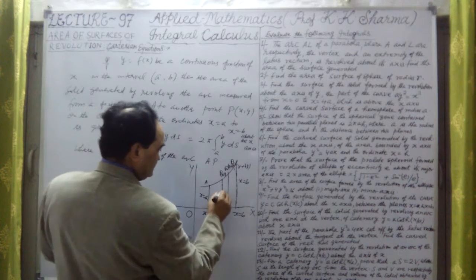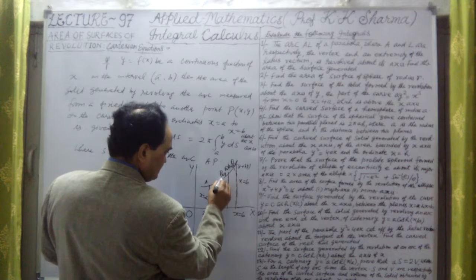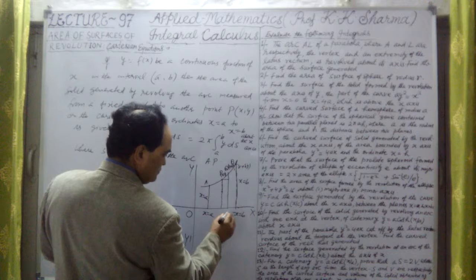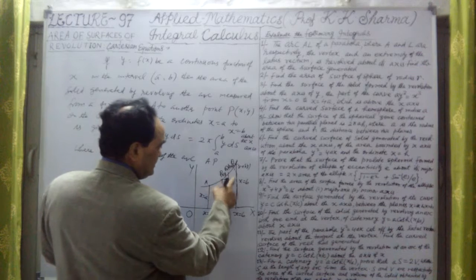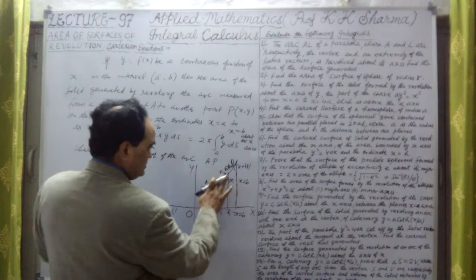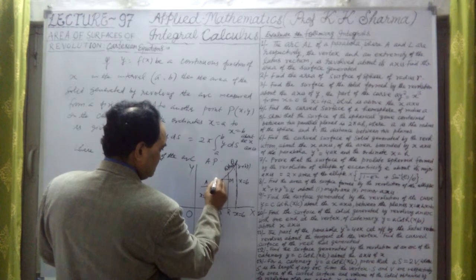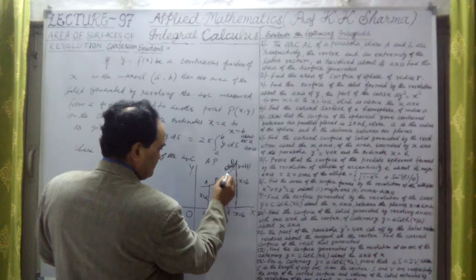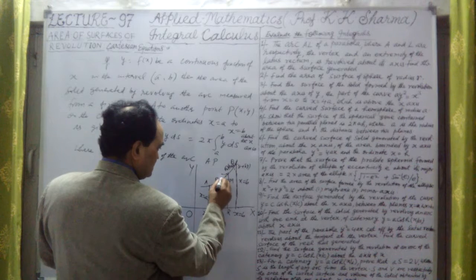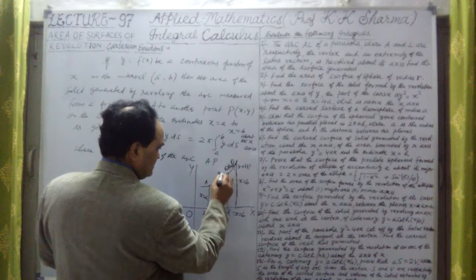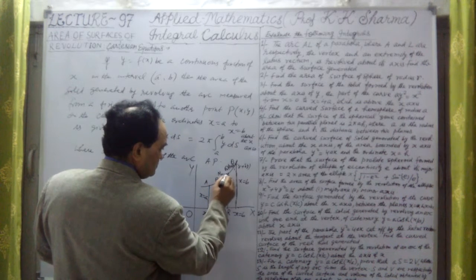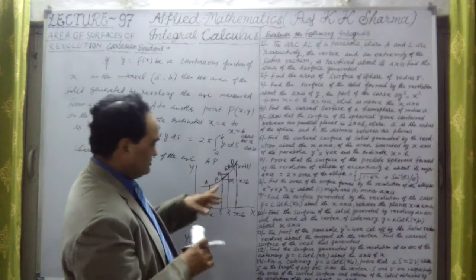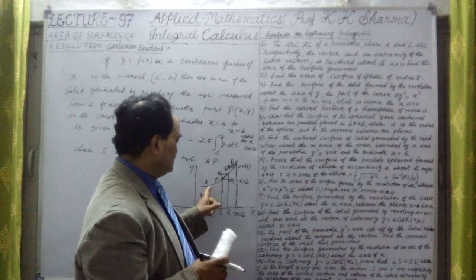Now let us discuss this. I draw a perpendicular from P to the line; let me take R, S here, this is P, and let me take the point M here. From Q I draw a perpendicular which meets PS at point N. Now this PQ is the length ds, and the length from A to P is s.